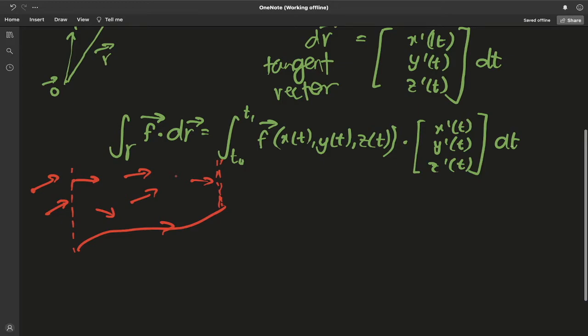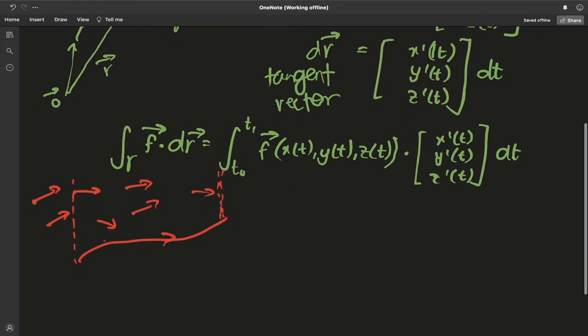Which ones do we even pick? Well, that's what this dot product does. It says pick only those vectors that are parallel to these tangent vectors of this curve. When you do a dot product, you basically project all the vectors in this range along the tangent vectors at that point. So you get these projections everywhere.